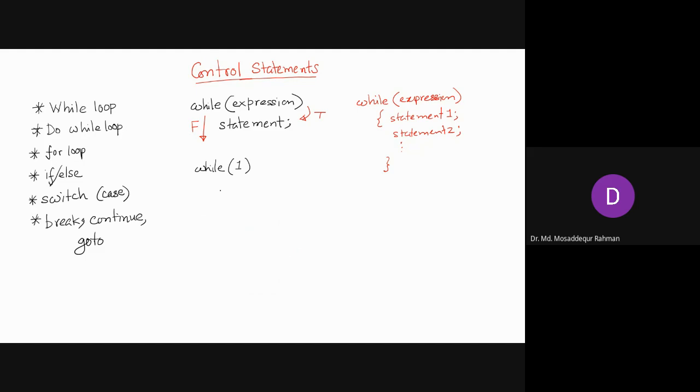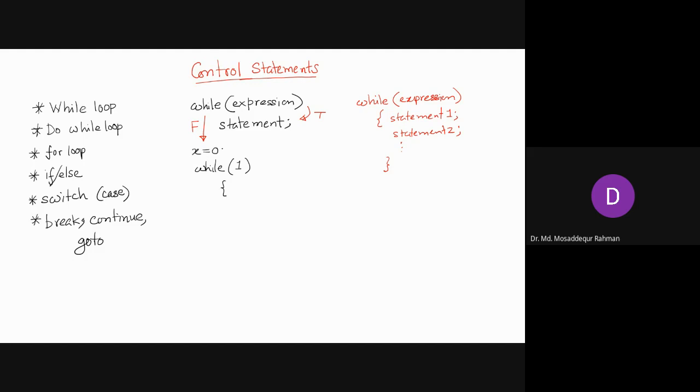Let's say I'm giving an example: while one. So one is an expression here, which is true because it's a positive number. Let's say we use a variable x.